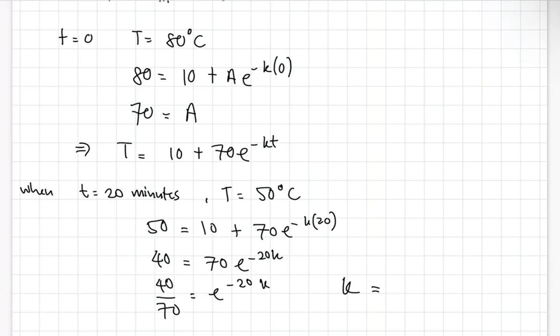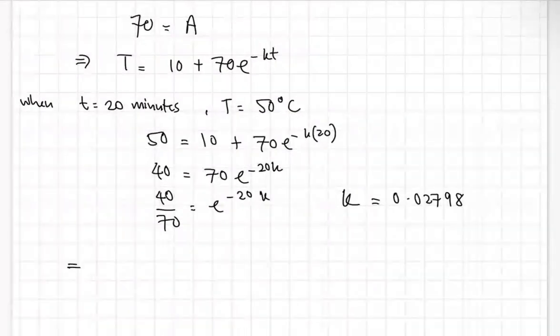Solving for K: ln of 40 divided by 70, divided by negative 20. I found that the value of K is 0.02798. This is the constant.